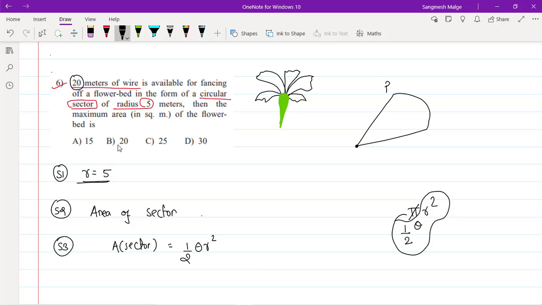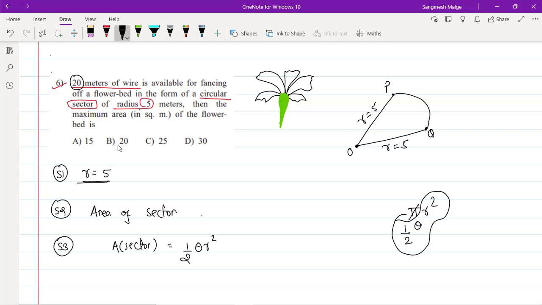Suppose this is a point P and this is point Q. How much are OP and OQ? 5. Yes, 5. If I complete this, I will get a circle. If this is a sector, these sides are always the radius. This is the radius, this is the radius, and this is equal to 5.